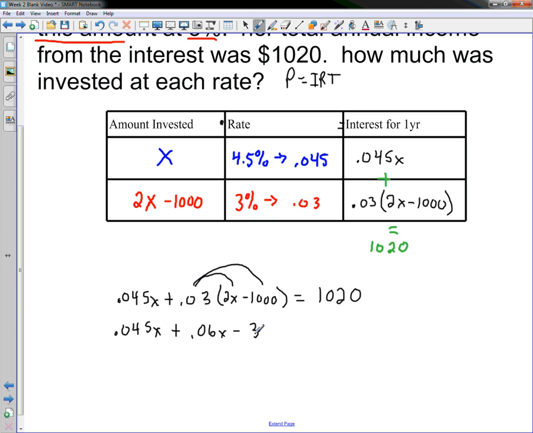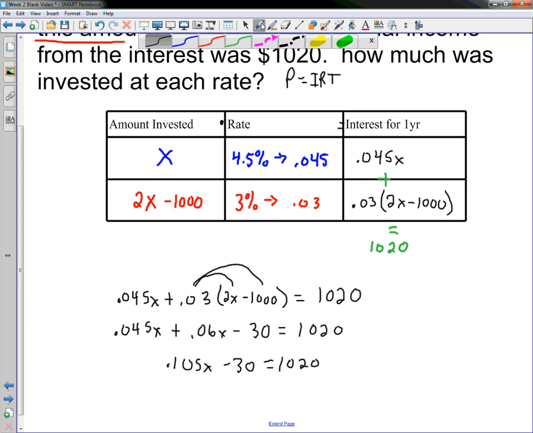If you need a calculator to work those, feel free to pause and calculate them out. We have some like terms over here on the left side, so we're going to go ahead and add those. That gives us 0.105x minus 30 equals 1,020.